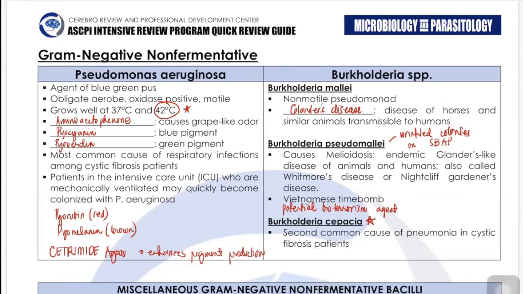So those are the 4 organisms that are commonly infecting patients with cystic fibrosis. Thus, cystic fibrosis patients must always be screened sa 4 na organisms na yon. Okay? Another thing, no, natatandaan natin about Burkholderia cepacia is that it is resistant to aminoglycosides.